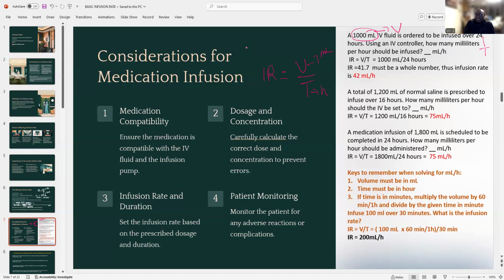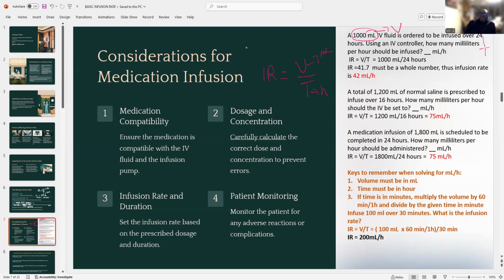It means the value of volume in milliliters divided by the value of time. That's why you have milliliter per hour. So you do 1,000 divided by 24, you get 42 milliliter per hour. Remember, for most places, your infusion rate must be a whole number.